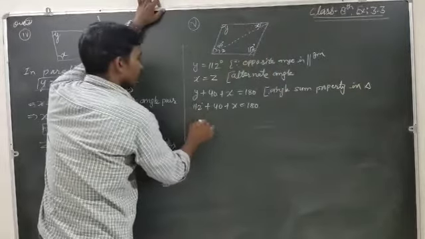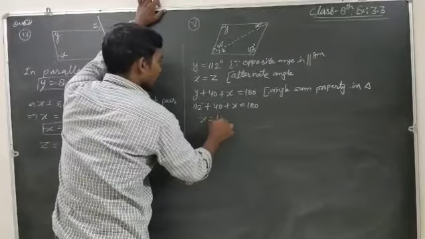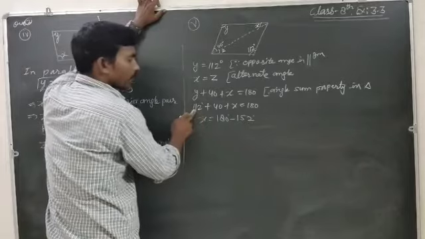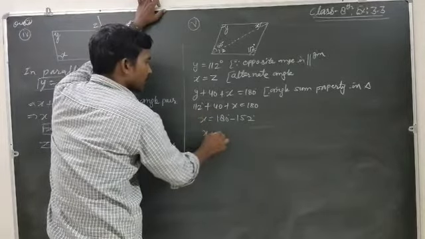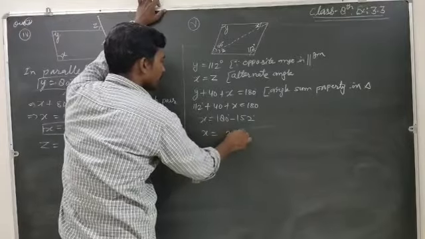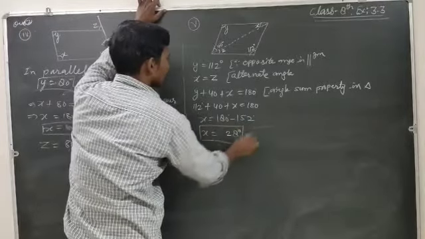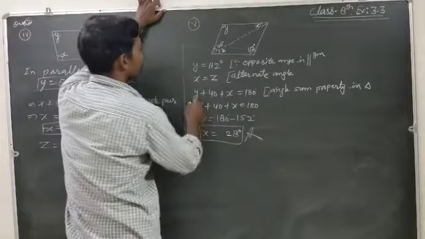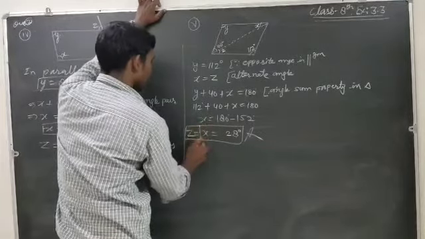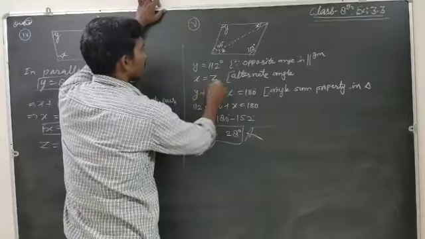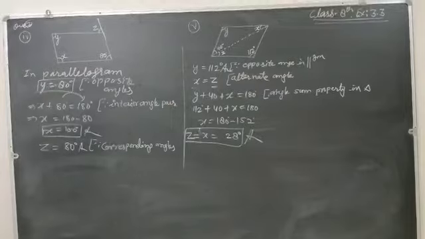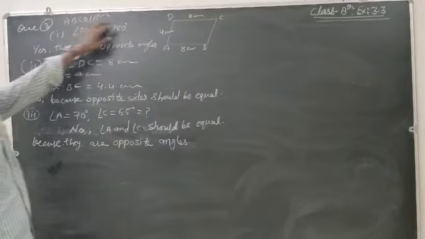So x equals 180 minus 152. 112 plus 40 is 152. Then x equals 28 degrees. The value of x is 28. So z is also 28 because x and z are equal. So complete this question.